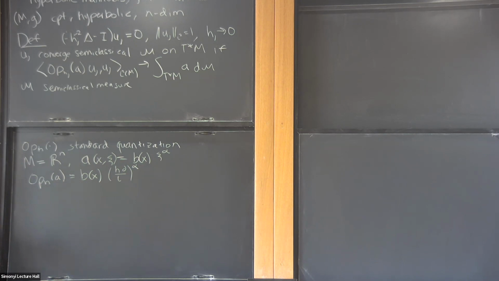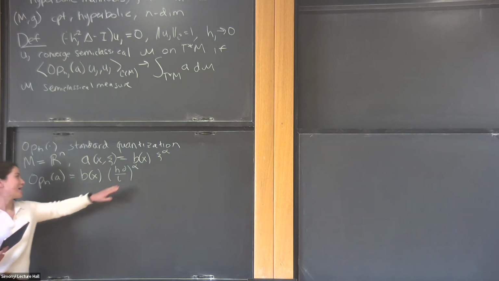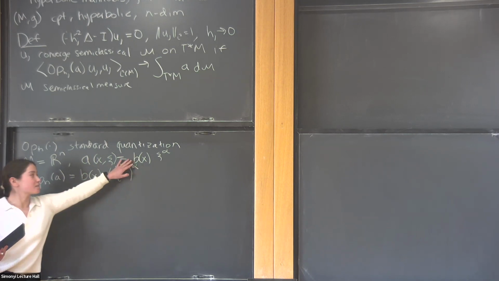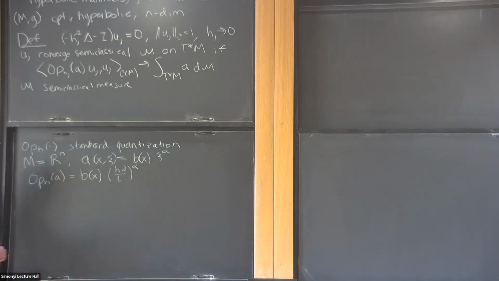So always our intuition for this is, in x, it's going to act like a multiplication operator, and in xi, it's going to act like a Fourier multiplier. Obviously, it can get more confusing if it's not in this simple form, but this is the simple example to keep in mind. So you can just think of this, if you're unfamiliar, as a generalization of a differential operator.